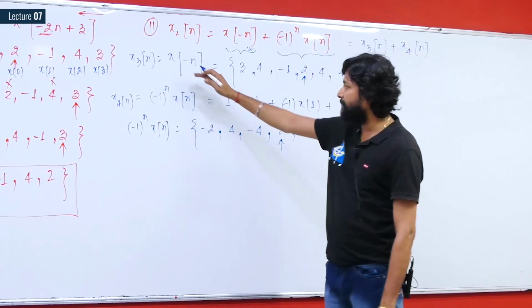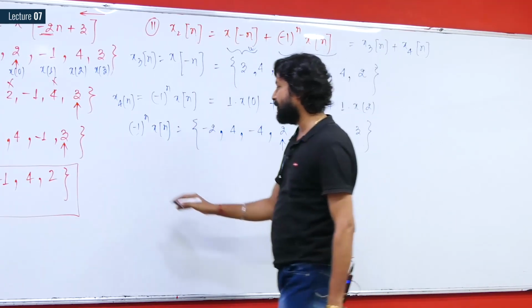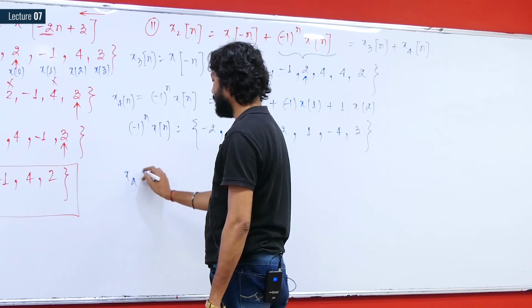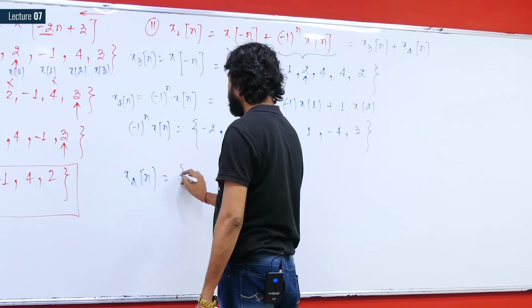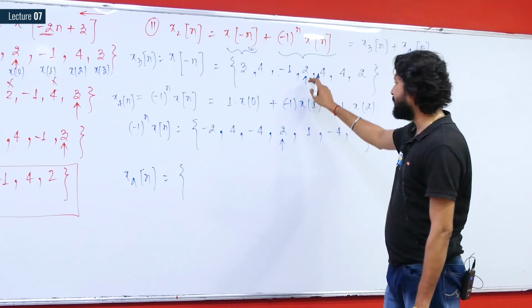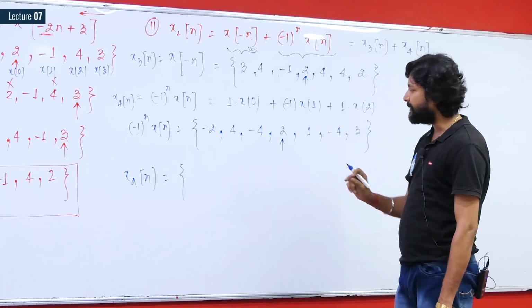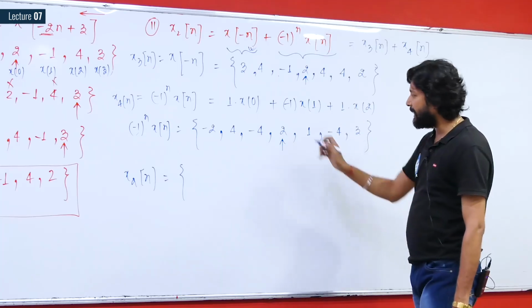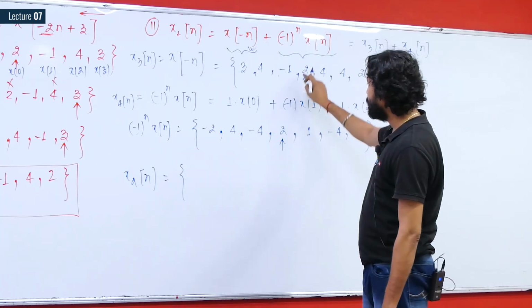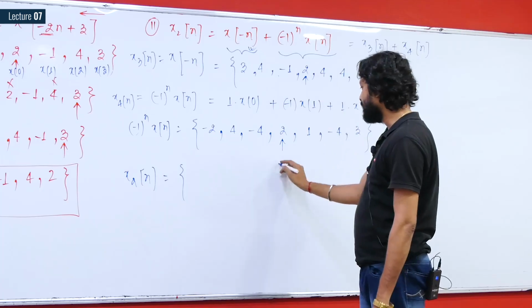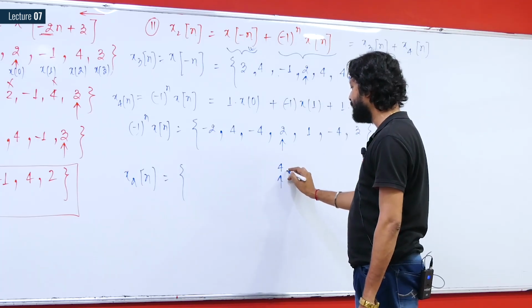So if you have to sum these two signals, then you are going to find x2[n], that is the sum of these two signals. At origin you just have to sum only the corresponding values of samples, that is for the same values of n. So at n equals 0, you will be adding 2 with this origin value, that is 2. So 2 plus 2, the value at origin will be 4.